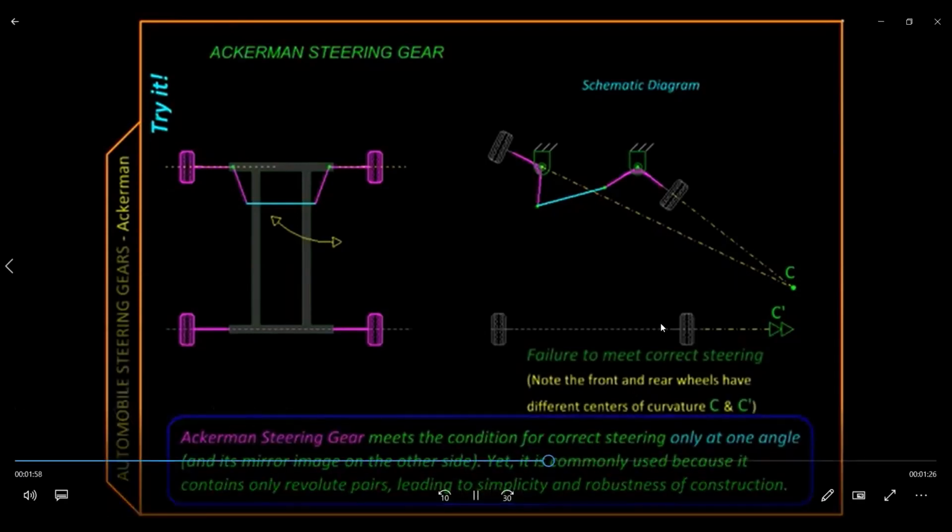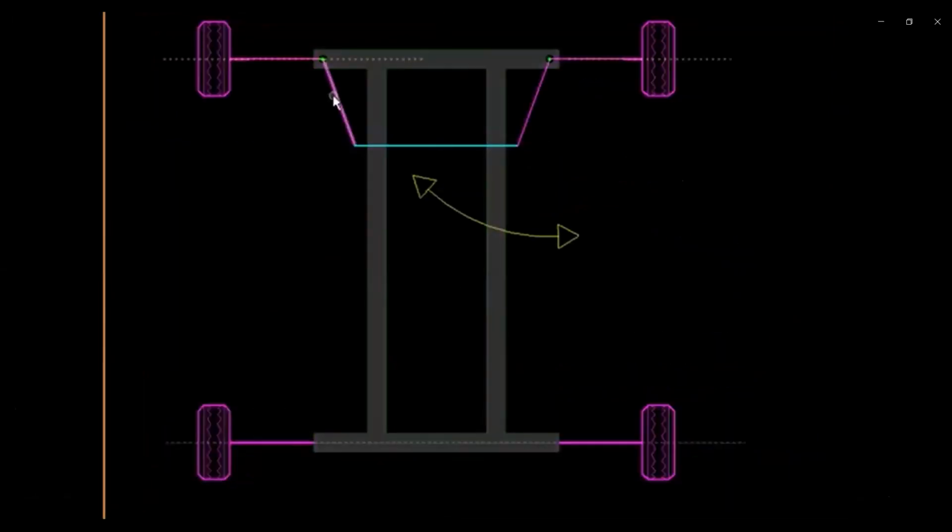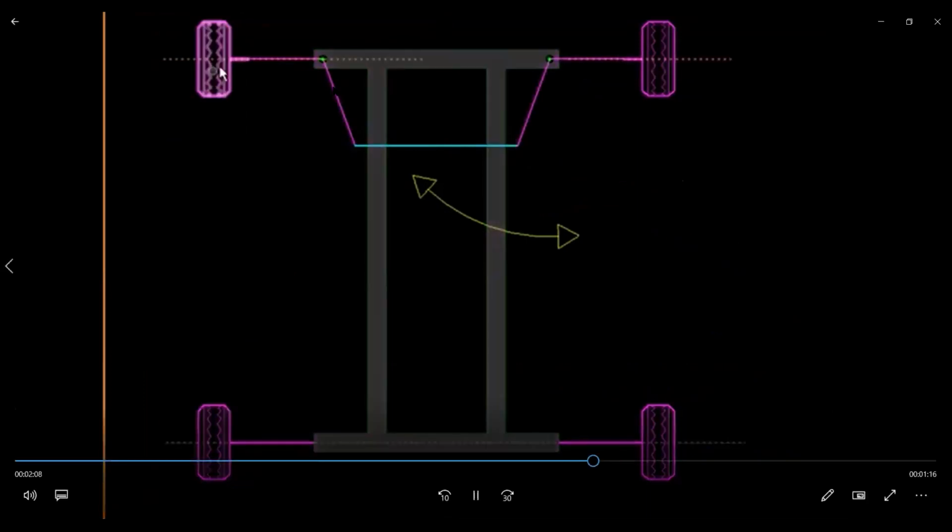It is essentially a 4-bar mechanism with 2 bell crank levers, like in the Davis steering gear. These are bell crank levers. They carry the wheel on one side and a hinge on the other. That hinge is connected to a coupler, and the whole mechanism is fixed to the chassis via these 2 dual levers. Let us see how we can steer this.